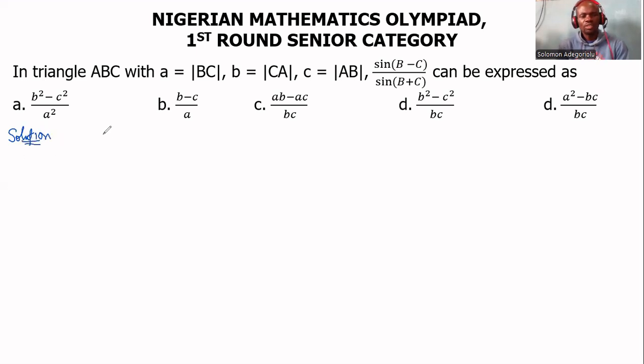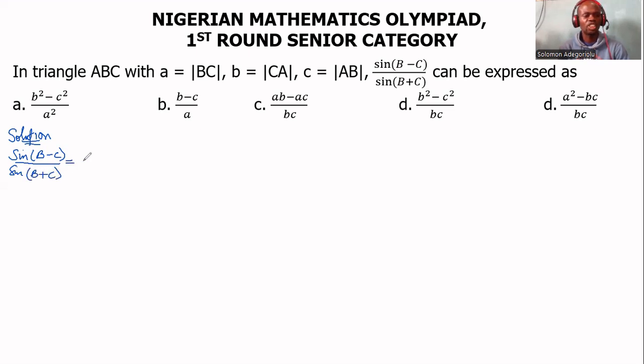All right. So from here, this is what we want to express as any of the answers in the options. First thing, let's state that we have sine(B minus C) over sine(B plus C).